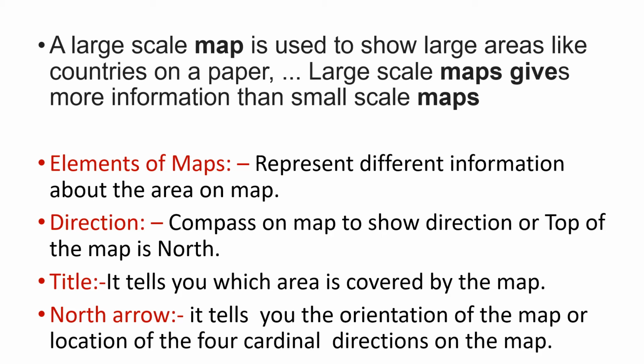It tells you which area is covered by the map. What is the type of map? That is told by the title of the map only. Is it a physical map or a climatic map, like that. North arrow. It tells you the orientation of the map or the location of the four cardinal directions on the map.